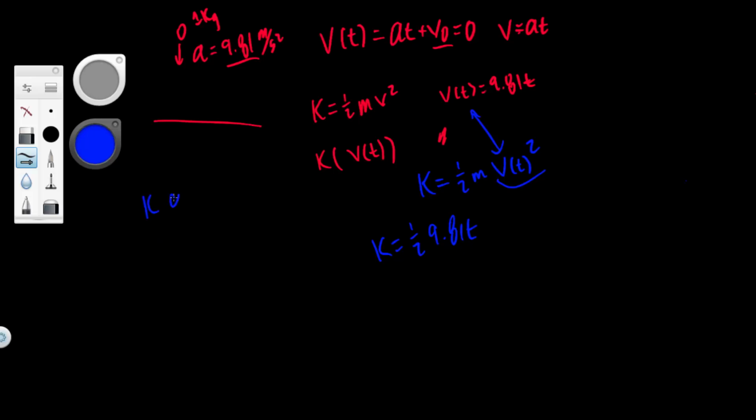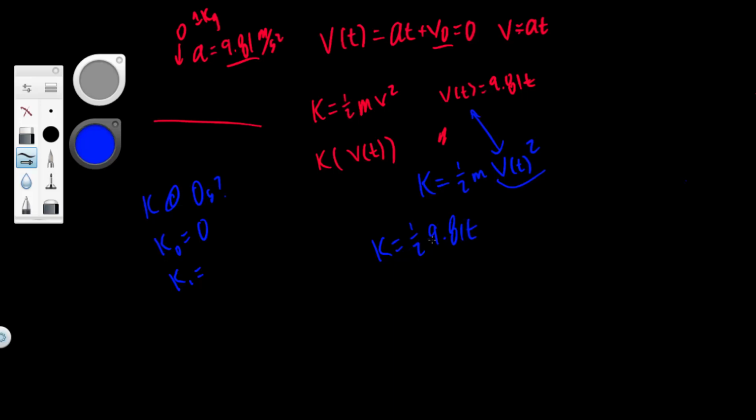Now let's find what is the kinetic energy of the ball at 0 seconds. Well, we would punch in half times 9.81 times 0. So the kinetic energy at 0 seconds is 0. What's the kinetic energy at 1 second? Okay, so we're going to have half times 9.81 times 1.